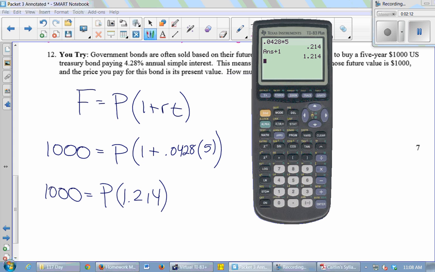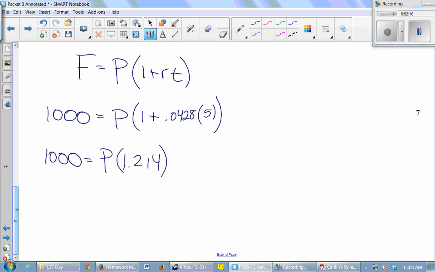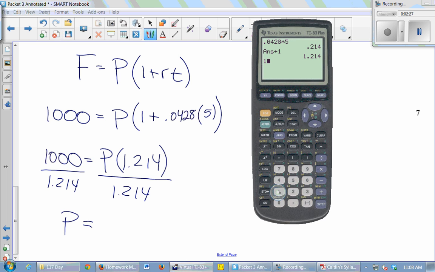And then how do I finish solving this for P? Divide both sides by 1.214. 1,000 divided by 1.214, and I get $823.72.